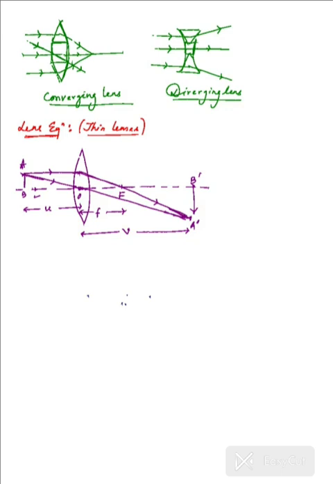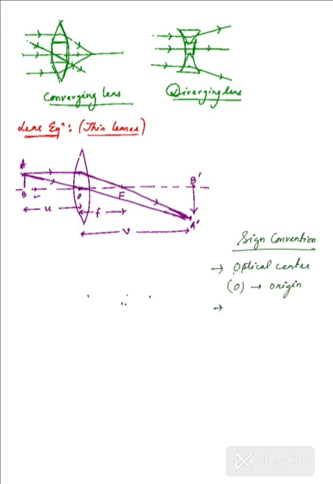That is the first thing we can consider as far as the sign convention is concerned. We consider the optical center in each case to be the origin of a coordinate system. So this is the first consideration.